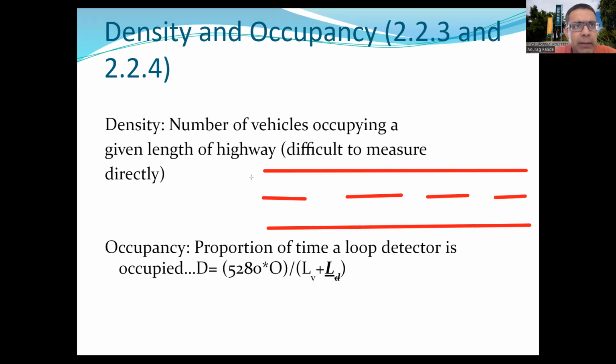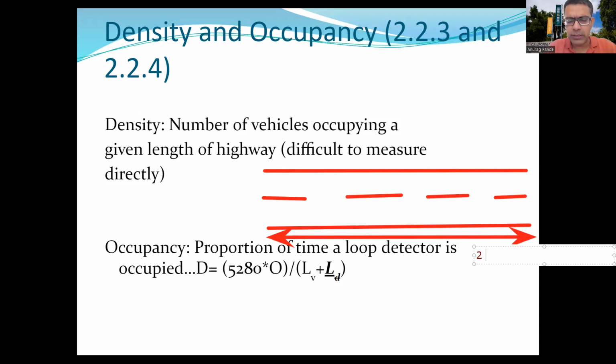And let's say the length of this segment is, just for the sake of argument, 2 miles. And if the length of the segment is 2 miles, I want to post some vehicles on this road.